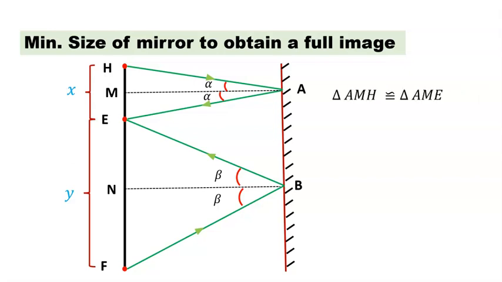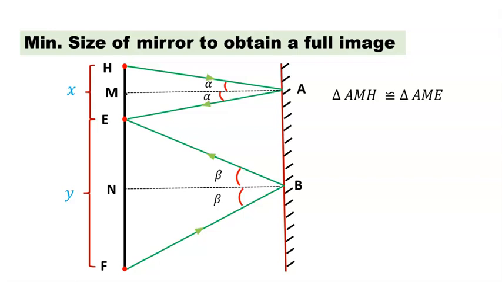Now look at this. The triangle AMH and triangle AME are congruent triangles. Why are they congruent? Let's look at triangle AMH first. You can see that angle HAM is alpha and angle EAM is also alpha, so we have these two angles the same for both triangles.